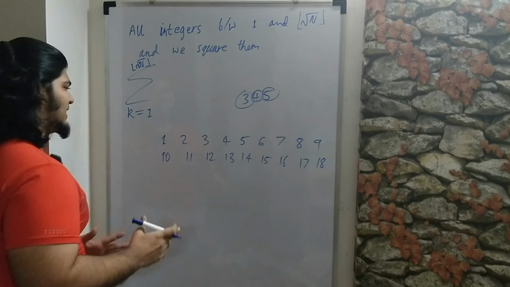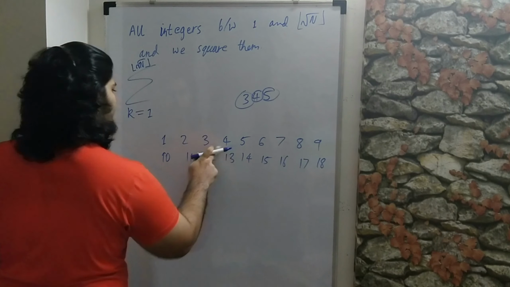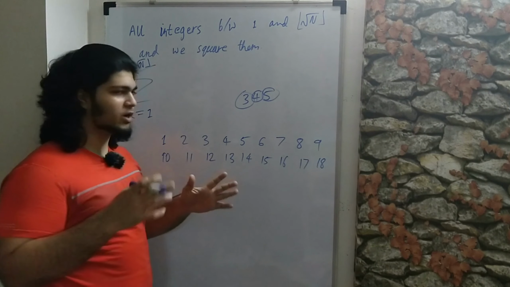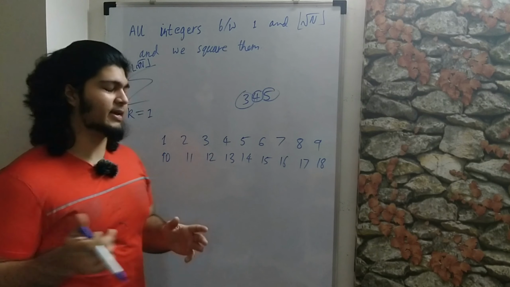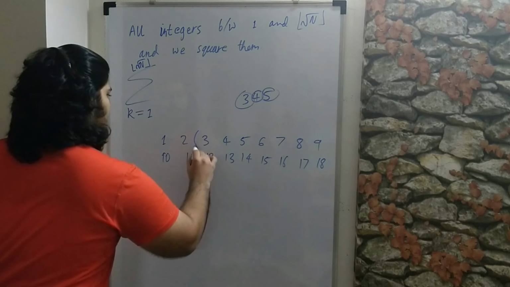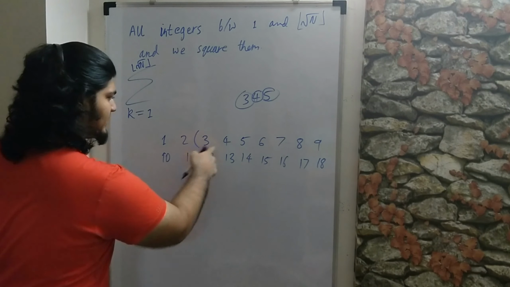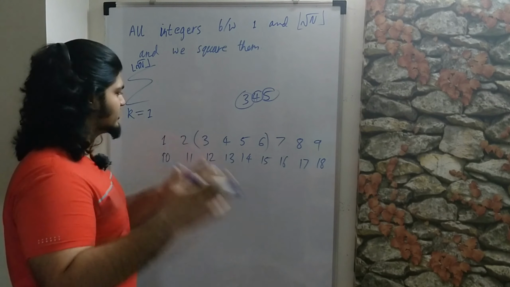Okay, so what we do is, if we take 4 as an example, firstly we find out what bracket of integers is closest to 4, in the perfect square sense. What I mean by that is the integers from 3 to 6 have 4 as their closest perfect square.